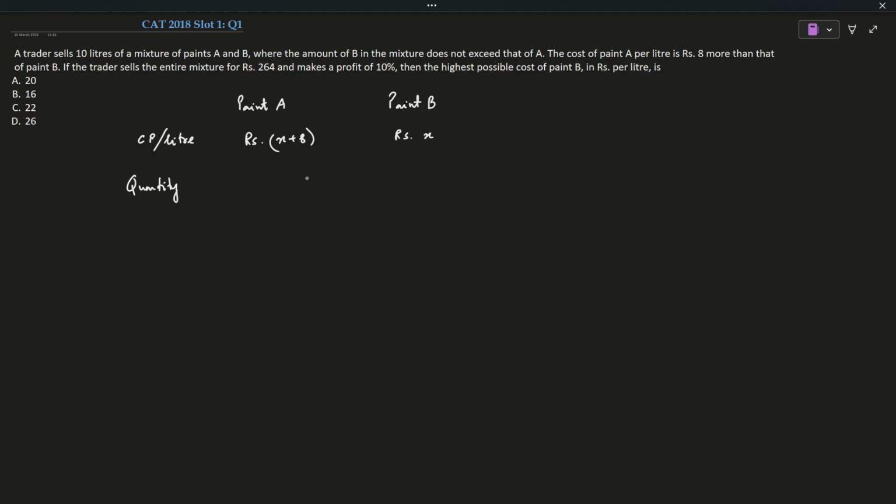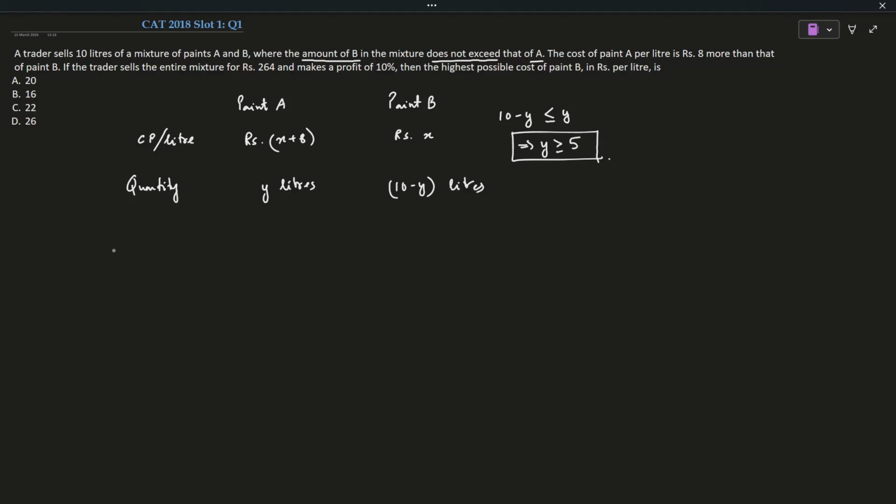For quantity, let's say Y liters of A and B will be 10 minus Y liters. We are told that the amount of B does not exceed that of A. Does not exceed means less than or equal to A. A is Y. From here you will get Y is greater than or equal to 5.